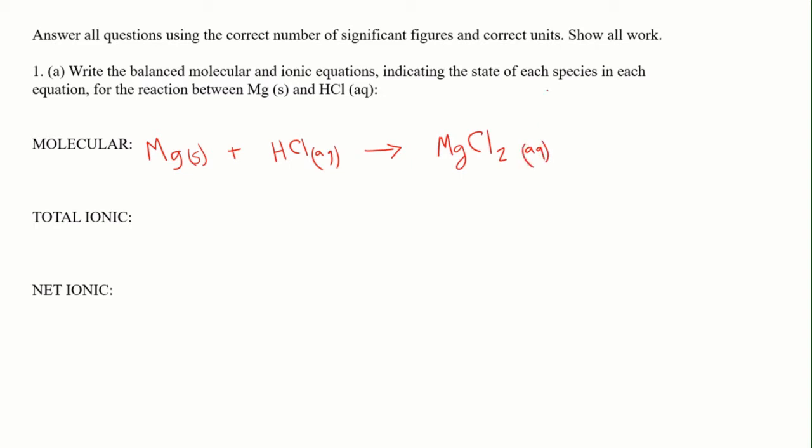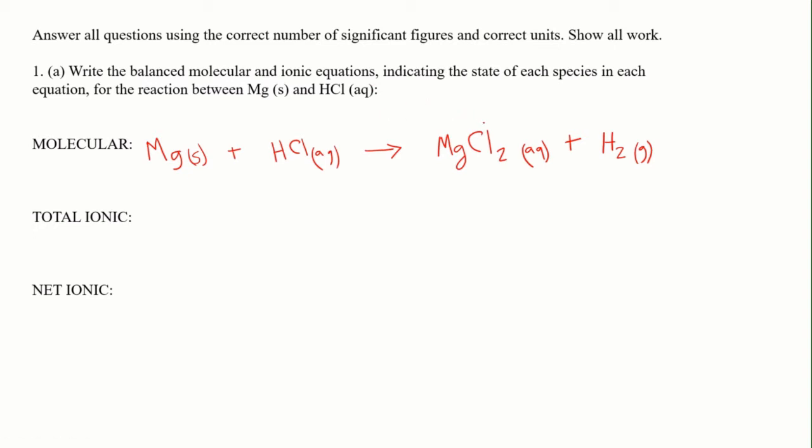So this is magnesium chloride, and the protons from the acid will be reduced to hydrogen gas. So the hydrogen gas that we see in the experiment comes from this reaction. This here is a molecular equation, but we do have a problem.